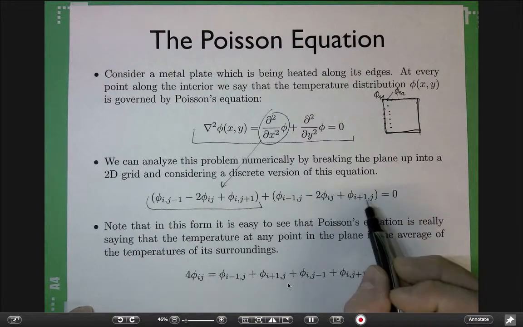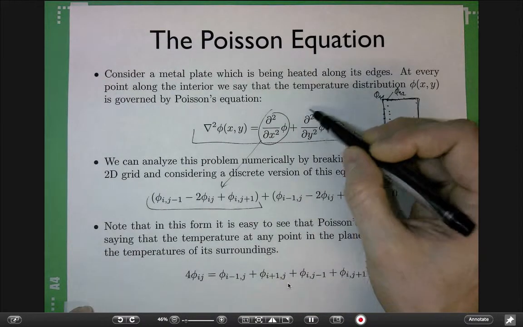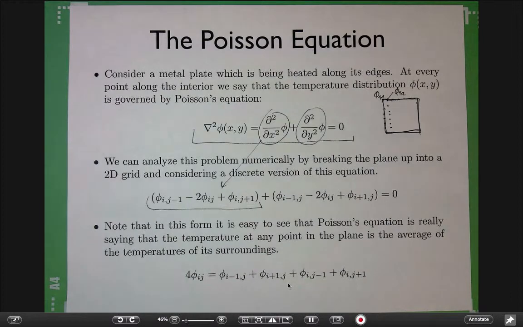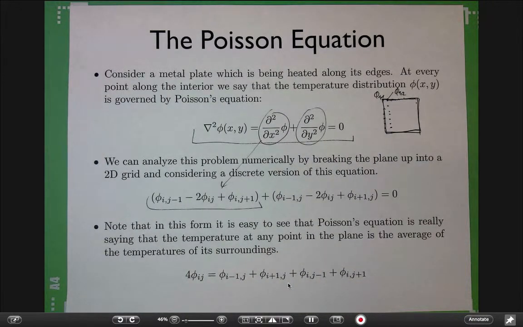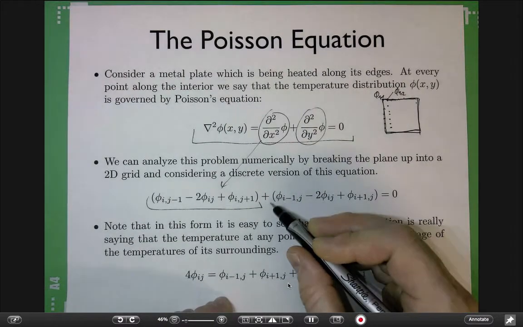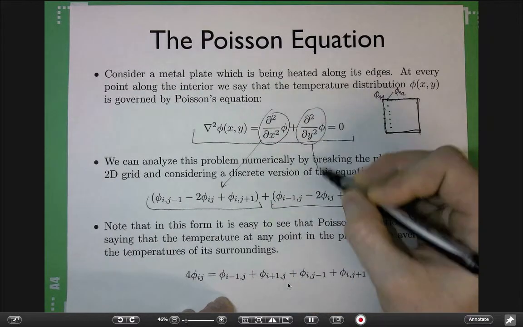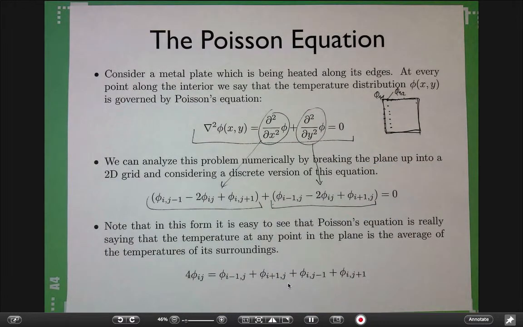So this corresponds to the second partial derivative with respect to y. I guess I was making this look more scary. And the derivatives are basically nothing but locally linear approximations to a function. But I think it's still easier and maybe more intuitive to look at the discrete counterpart. And that's what it is.